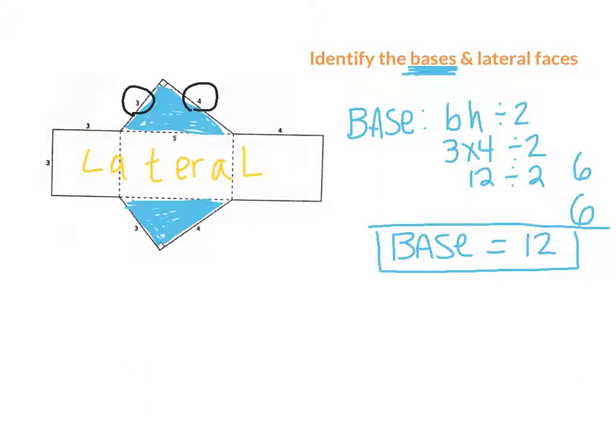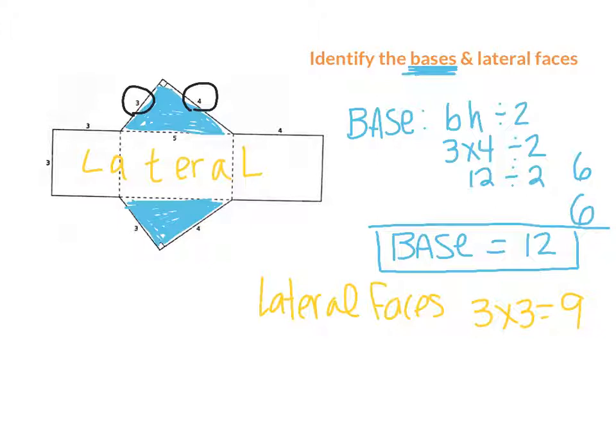In this first one that I see on the far left, it totally has the numbers right beside it, a 3 and a 3. So I'm going to start there. I'm going to say lateral, so I start labeling them. My lateral faces, this first one was 3 by 3. 3 times 3 is 9.